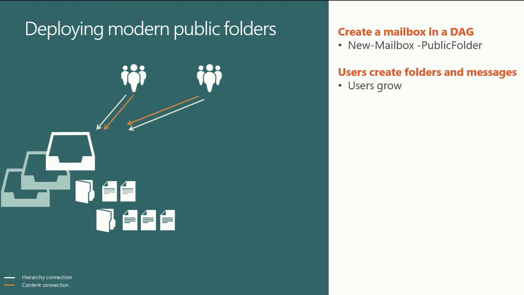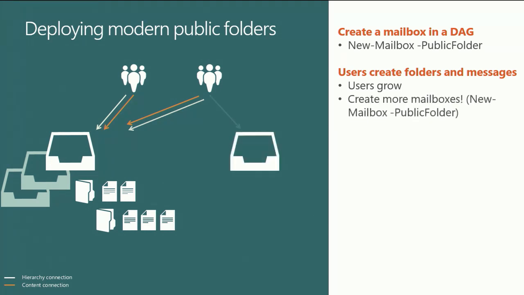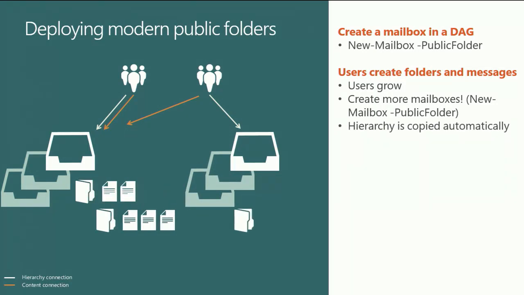The mailbox seems to be a little overloaded here. What should we do? So what, as an admin, you would do is create more mailboxes. And that is the beauty of the DAG infrastructure, is you get to create more mailboxes as you fill the mailboxes up. And it's an easy process because it's using the same commandlets you guys already know with mailbox management.